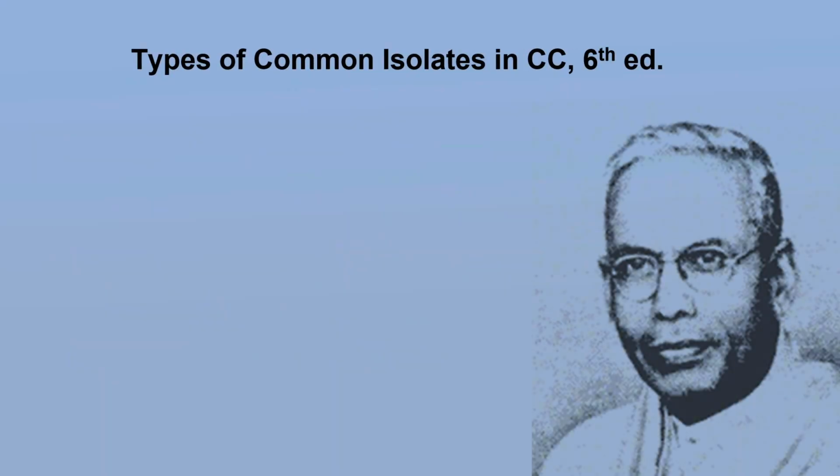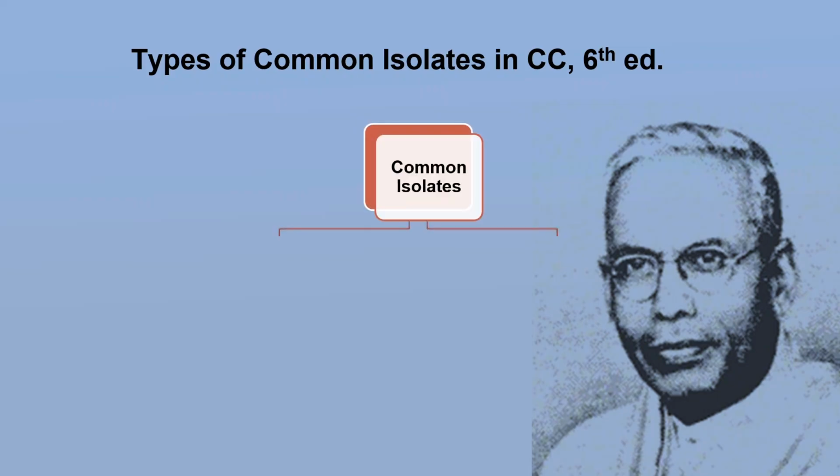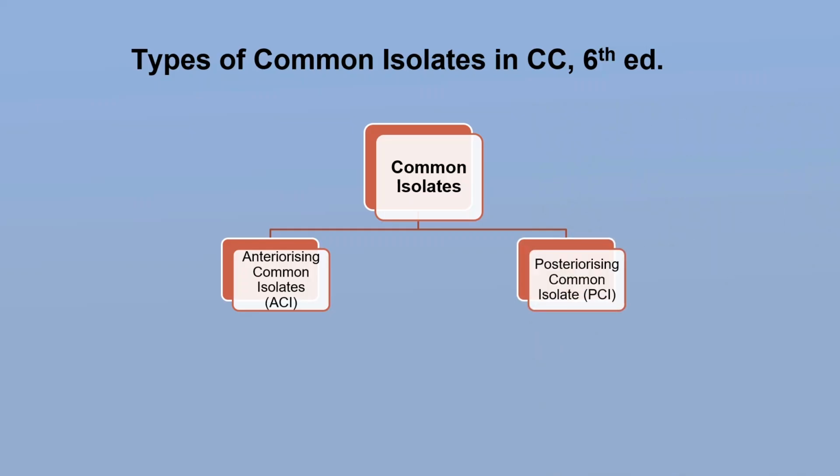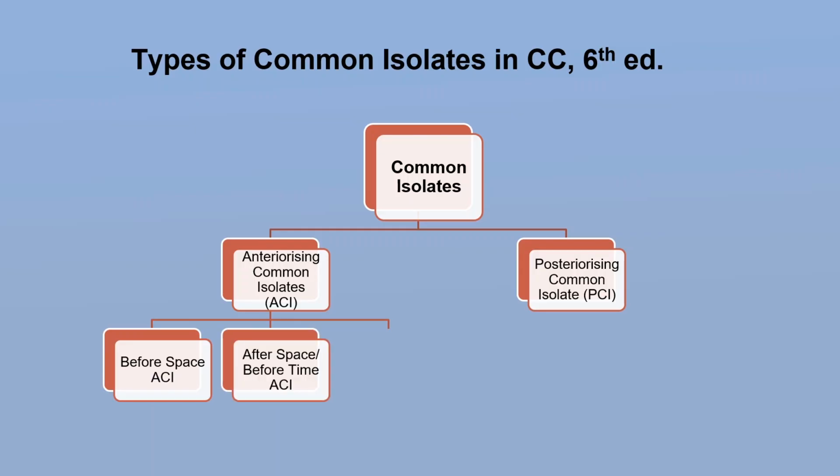So, here we present the categories of common isolates as proposed by Ranganathan. Anteriorizing common isolates and posteriorizing common isolates are two divisions of common isolates. Then anteriorizing common isolates may again be categorized according to their usability, that is ACI before space facet, ACI after space facet and ACI after time facet.